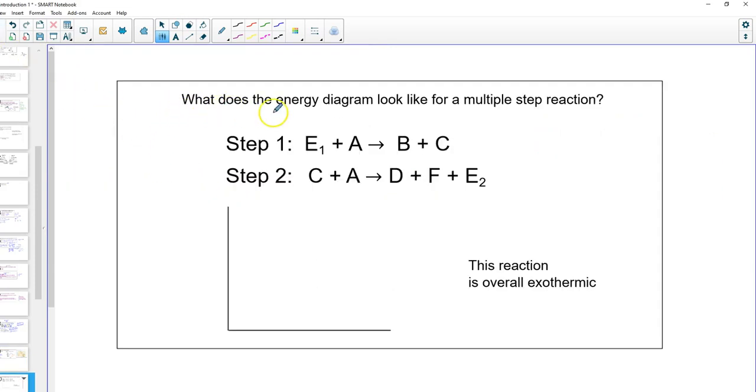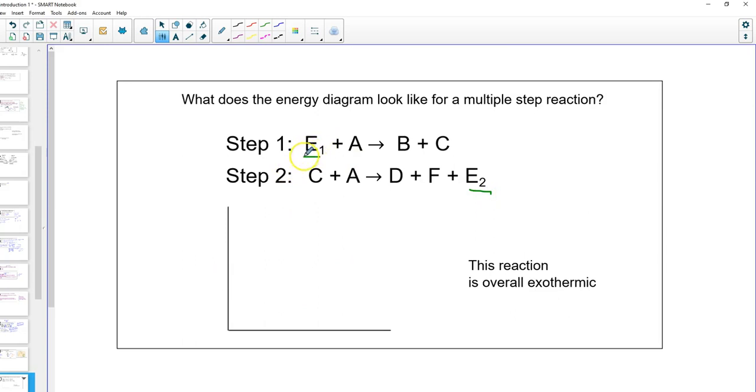All right, what does an energy diagram look like for a multiple step reaction? Okay, so now when you have a multiple step reaction, in this case, 2 steps mean we have 2 bumps. Okay, now I'm going to go endothermic here, exothermic here. There could be multiple ways we do this, and I don't know how big the energies are.